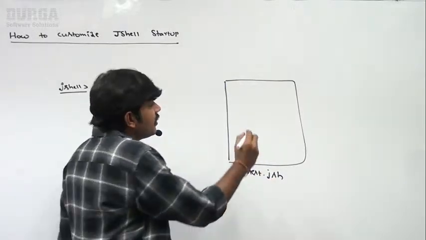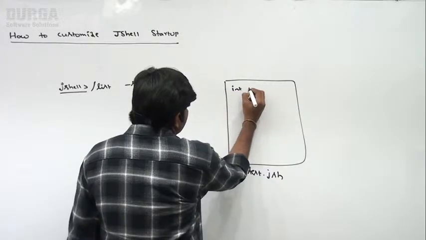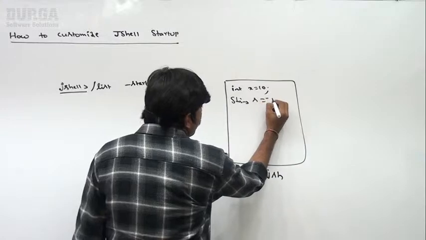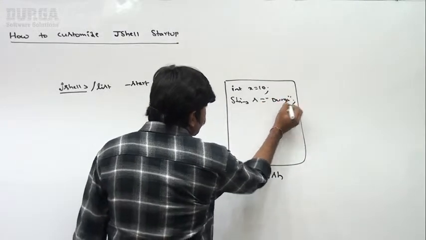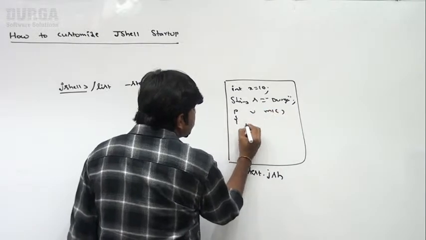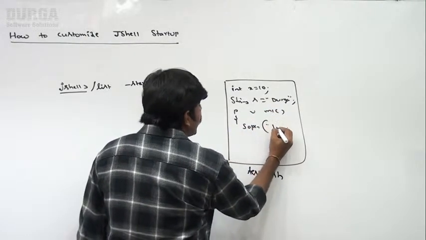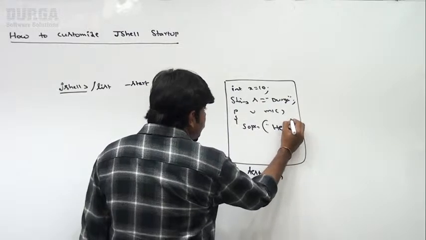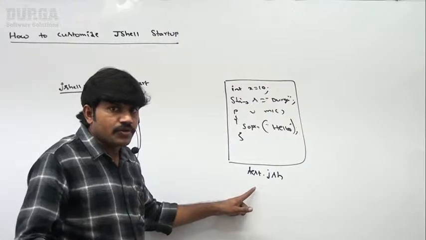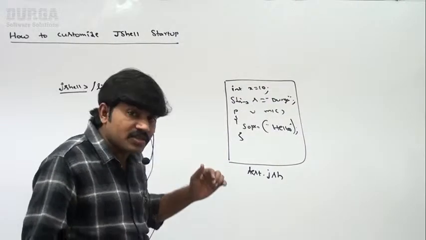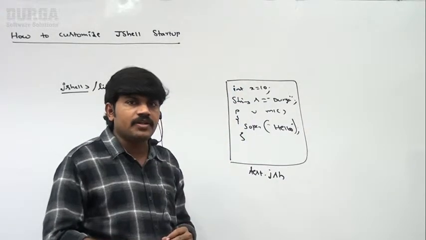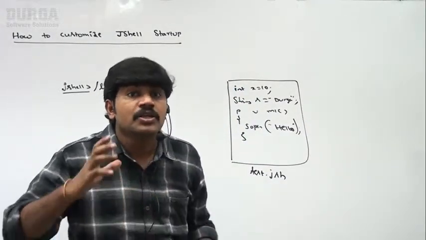Here I am defining my own snippets: int x = 10; String s = "Durga"; next public void m1, with System.out.println("hello"). These snippets I save to a file. Now at the time of JShell startup, I want these snippets to be automatically available.